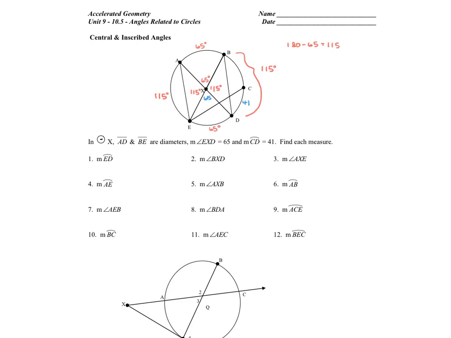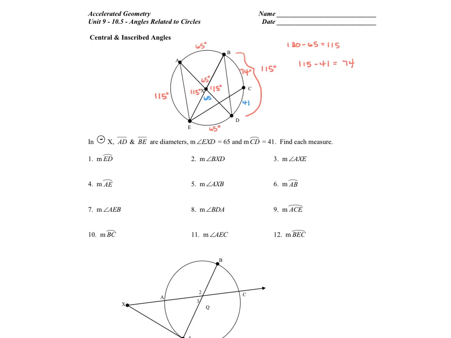If I know that arc BD has a measure of 115 degrees and arc CD has a measure of 41 degrees, then if I subtract 41 from 115, I know the measure of arc BC is 74 degrees. Now I'm going to start looking for angles that have their vertex on the circle, or inscribed angles, that I know have a measure that is half the intercepted arc.